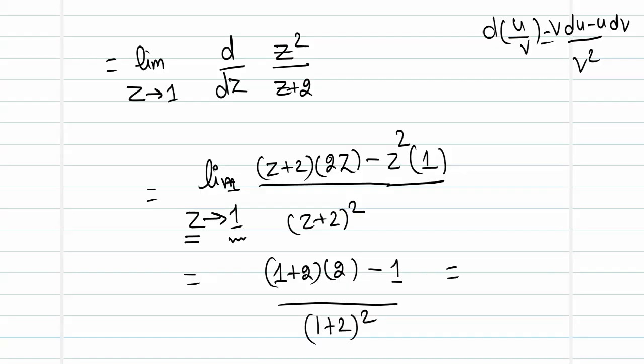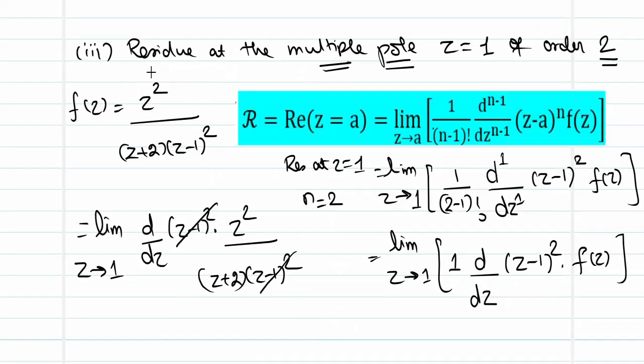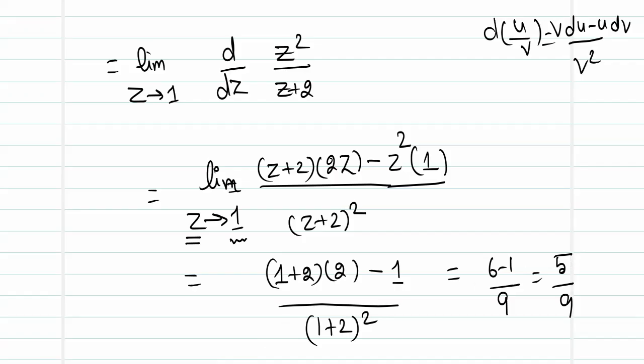So that makes it as 2 plus 1, which is going to be 3. 3 twos are 6. 6 minus 1 divided by 2 plus 1 is 3, 3 the whole square is going to be 9. So this makes it as 5 by 9. So the value of the residue at the multiple pole z is equal to 1 of order 2 is going to be 5 by 9.